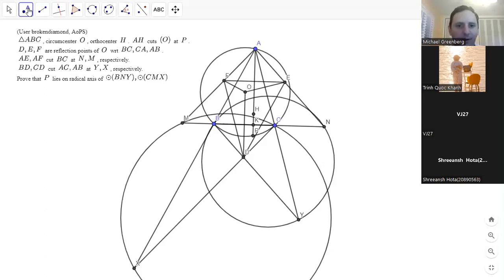I wonder if we could use Casey's theorem. That might be a little tricky. Yeah, this one looks hard to me. You guys want to see if we can find an easier problem, or do you want to keep trying this for a little bit?